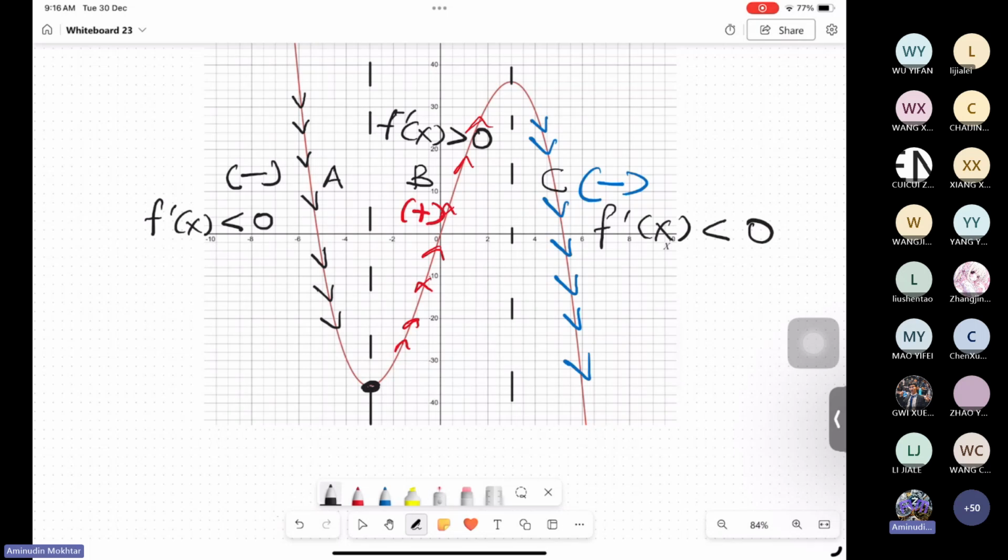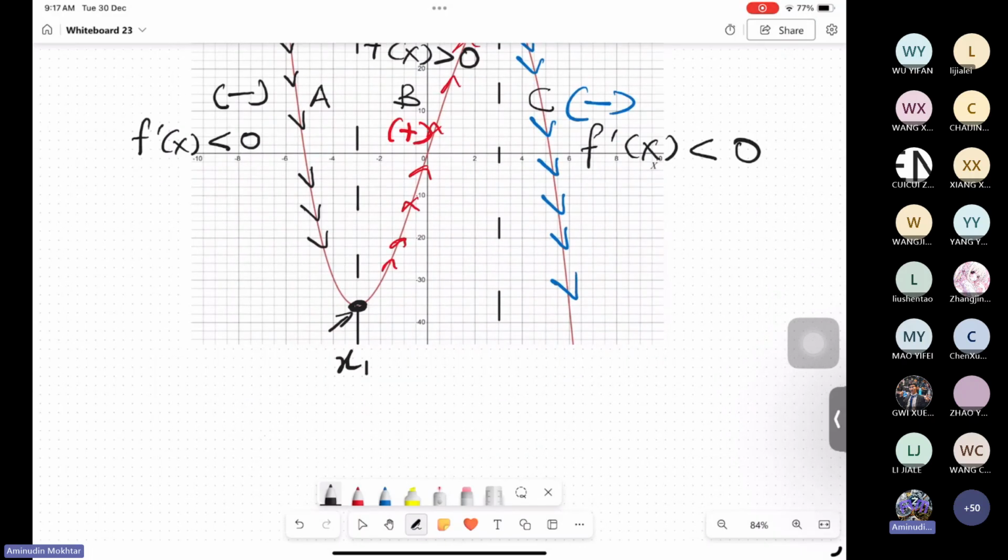When we move from left to right in area A, the slope is negative. Let's say I choose x1. Before x1, the slope is negative. After x1, the slope is positive.